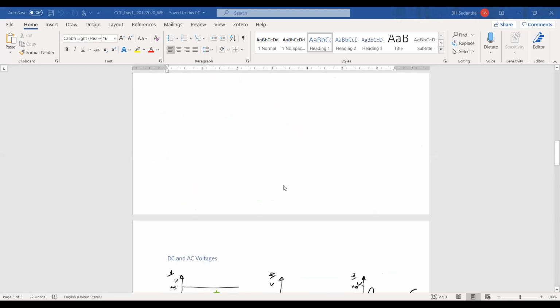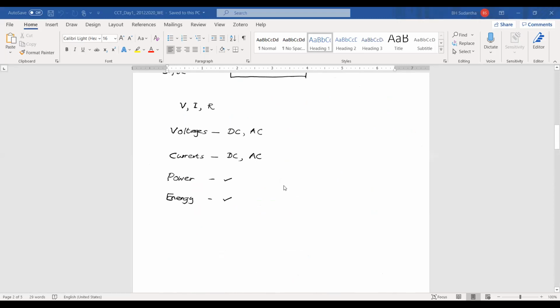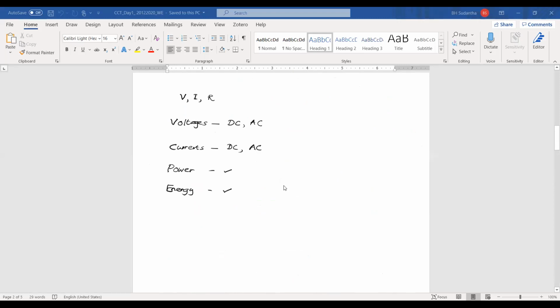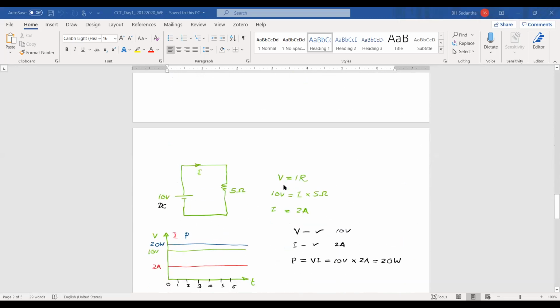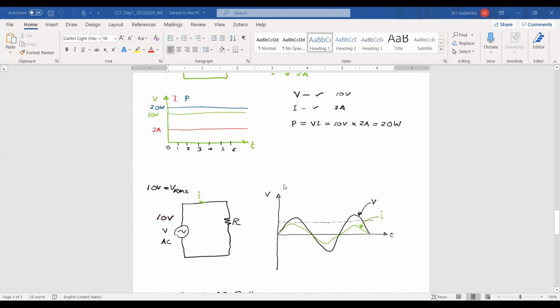AC/DC waveforms, the voltages AC/DC, currents AC/DC, and power and energy. Those are the things, and we identified the AC/DC waveforms also. And after that, when it comes to AC power, we discussed the RMS component of the AC signals.